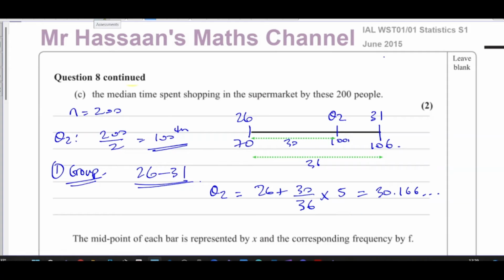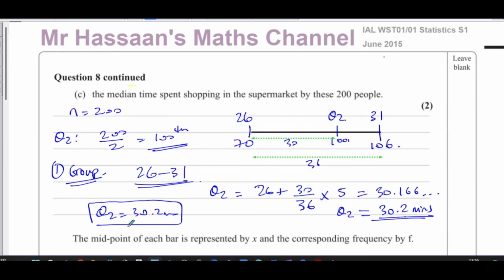So if you're rounding this to 3 significant figures, you're going to get 30.2 minutes. So that is the value of Q2. So Q2 is 30.2 minutes, the median. Okay, so there's the answer to question 8, part C. And now we're going to go on to part D.